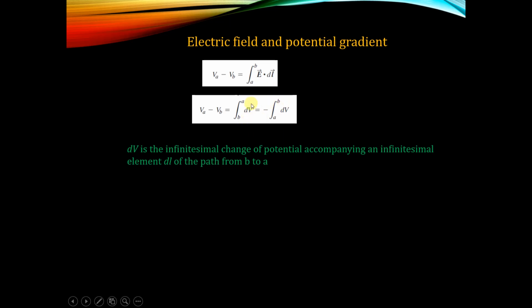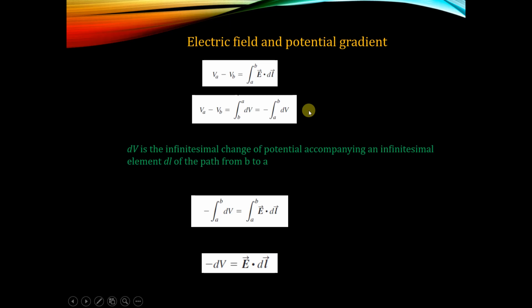So I can write integral B to A dV as minus integral A to B dV. Instead of VA minus VB, if I write minus integral A to B dV in the first expression, it becomes minus integral A to B dV is equal to integral A to B E dot dl.